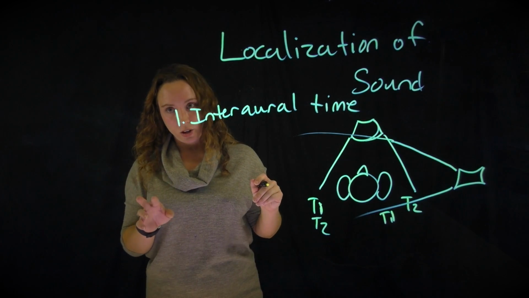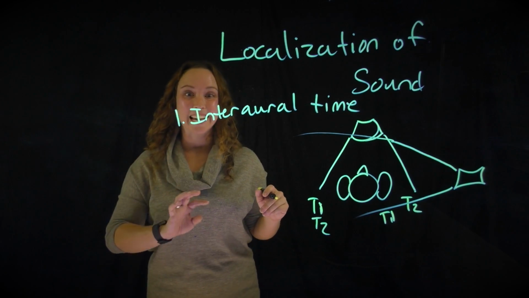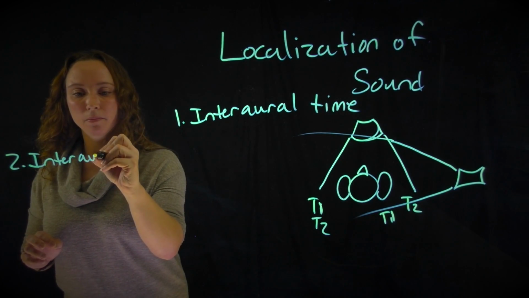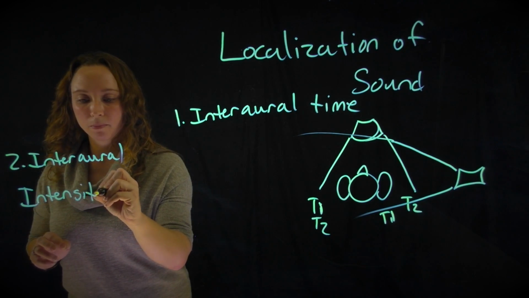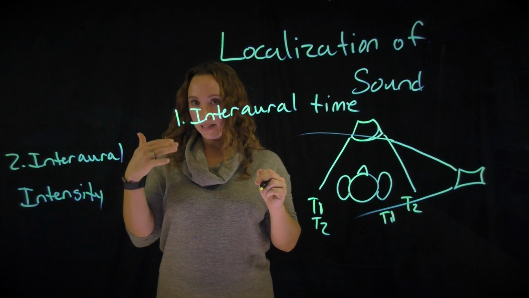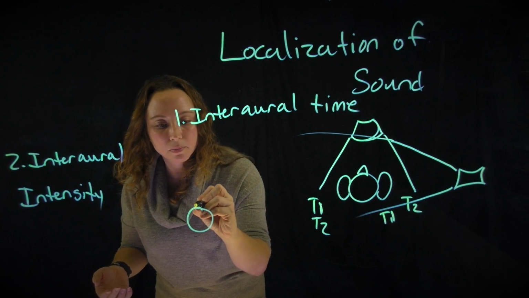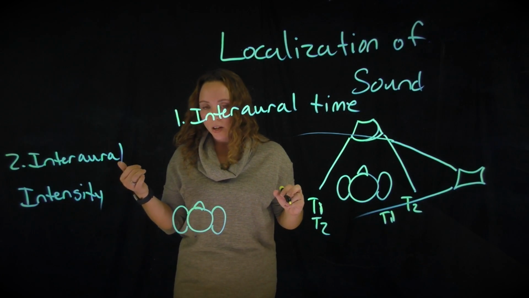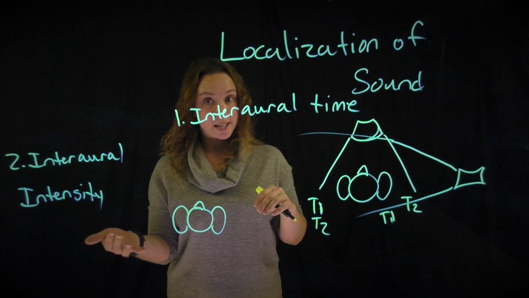So the second cue that our auditory system uses is actually interaural intensity. Now, what happens in interaural intensity, and again, I'll draw another picture for you, is your ear is able to calculate the intensity, the amplitude of the sound.